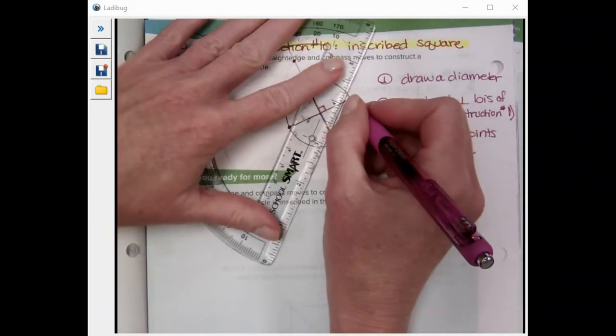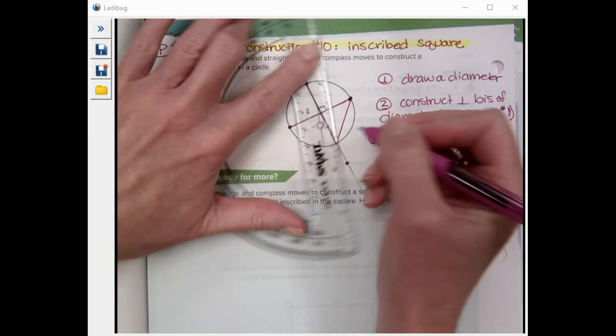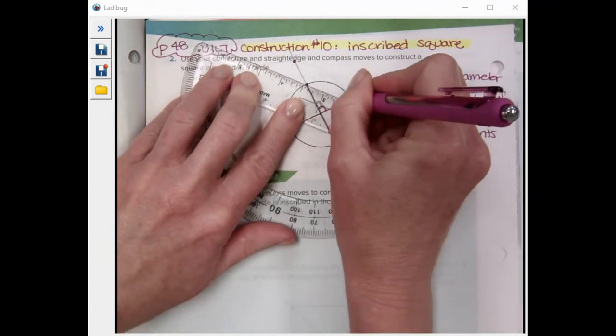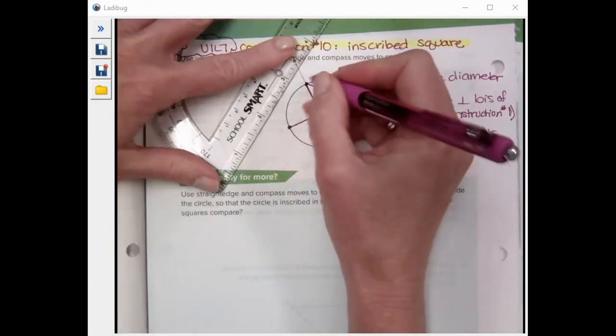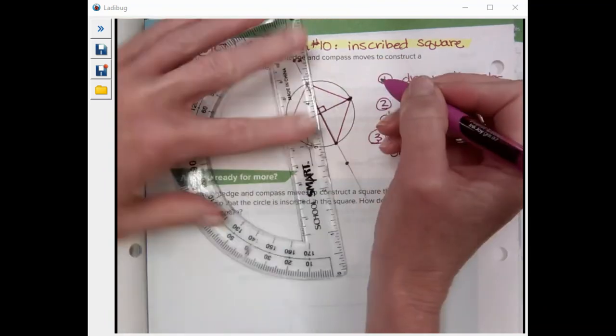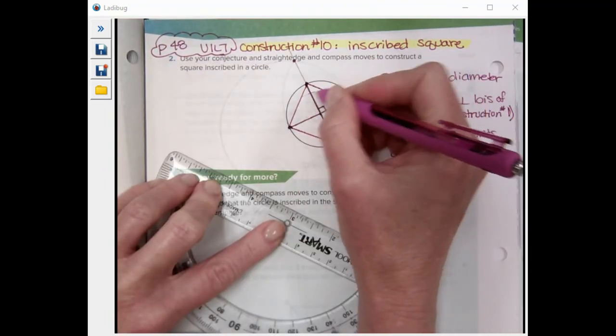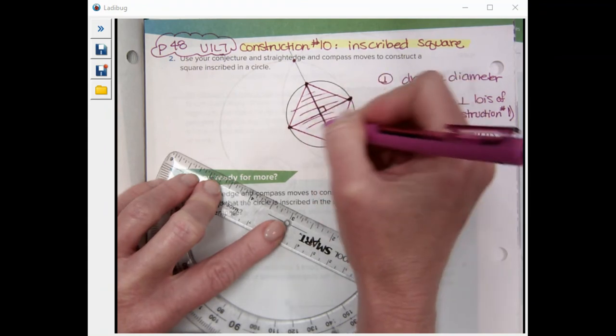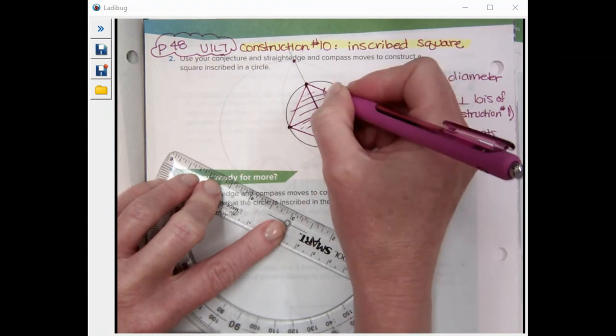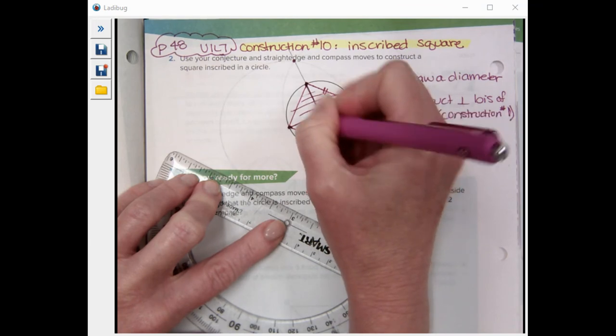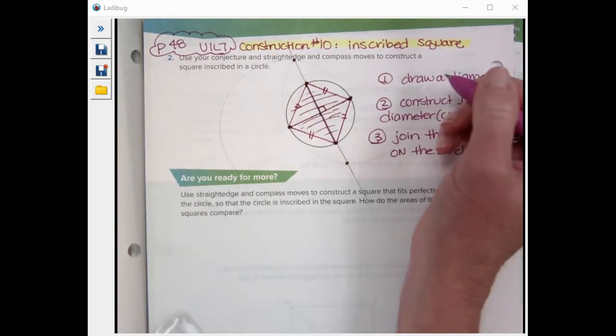So let's join the 4 points on the circle. And when I do that, I have constructed my square that's inscribed, meaning inside my circle. So this is my square. And so I have 4 equal sides, if it's a square, inside my circle.